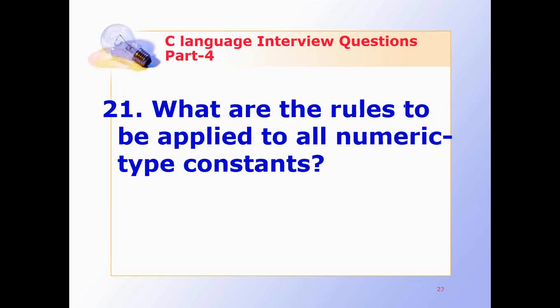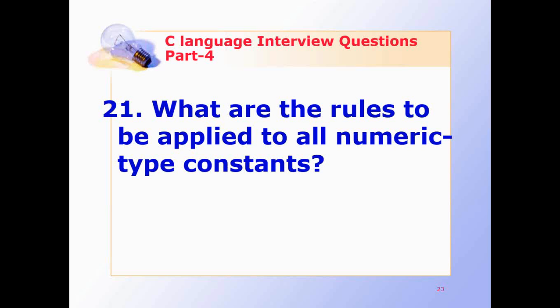What are the rules to be applied to all numerical type of constants? The following rules apply to all numeric type constants. They are: commas and blank spaces cannot be included within the constants. Constants can be preceded by a minus or plus sign if desired.